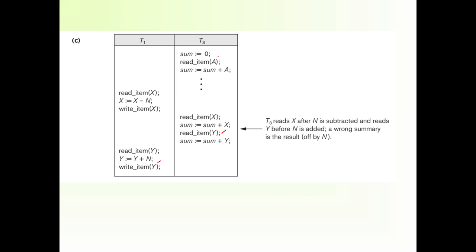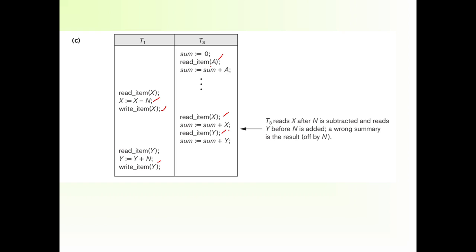See here, sum equal to 0. I read item A and do sum equal to 0 plus A. Here I am using read item x, x equal to x minus n. I am subtracting from the x value, then write item x. Then read item: it reads the item before subtraction and performs sum equal to sum plus x.